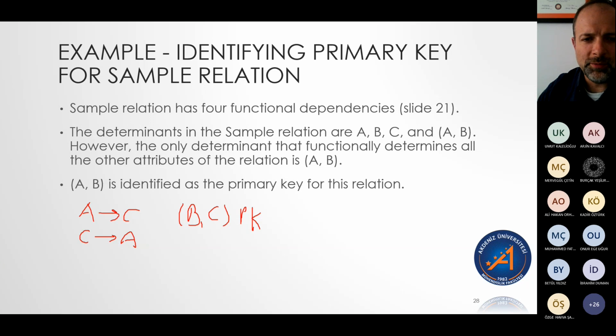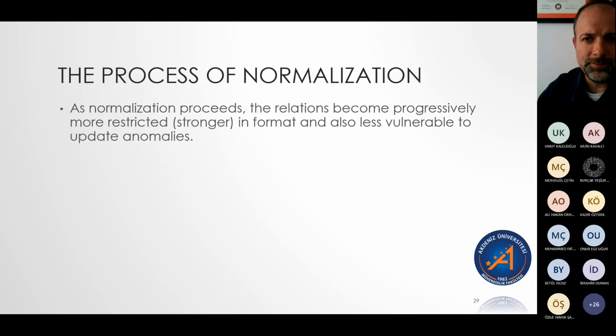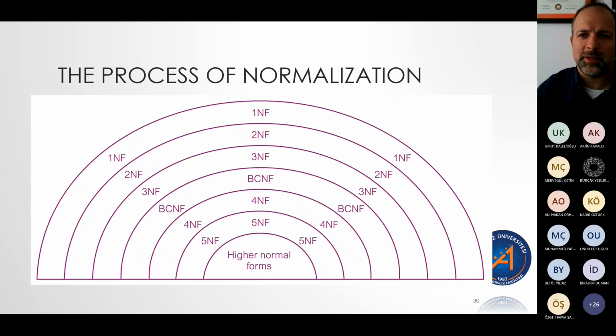What we'll get into tomorrow is the process of normalization, where we become more and more restricted, less vulnerable to update anomalies, with fewer incidences of data redundancy as we make our relations stronger and stronger. If you want to see it visually, it'll look something like this.